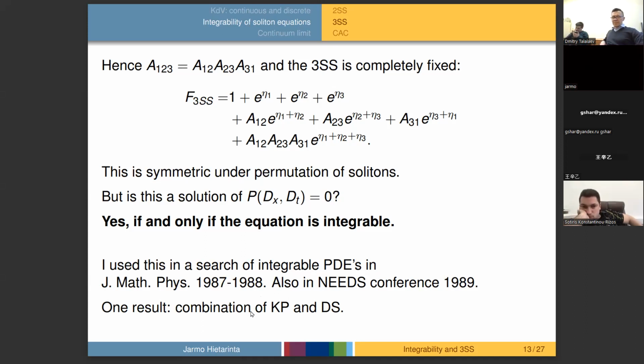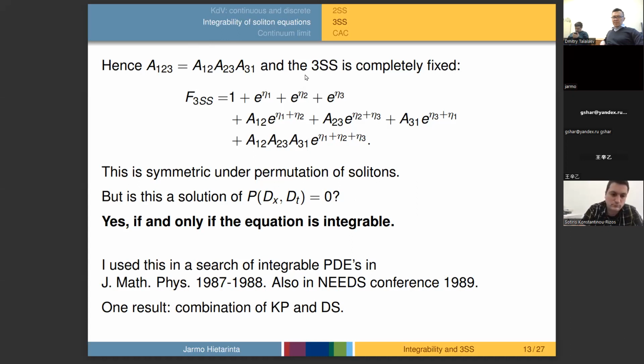One is a combination of KP and Davey-Stewartson with a few parameters, and another was a higher third-order evolution equation. Anyway, so this conditional three-soliton solution filters out all other equations except integrable ones in practice.